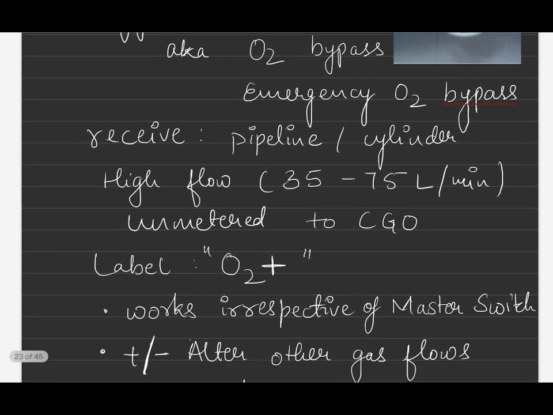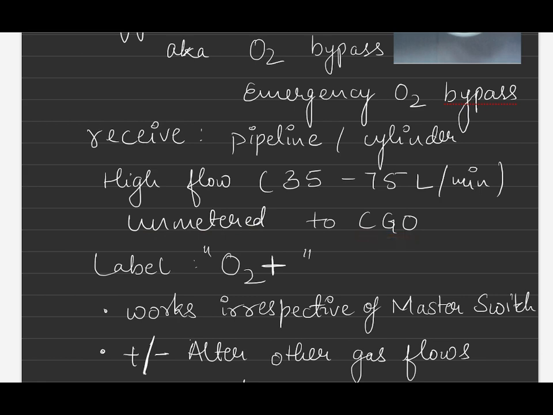Then it provides high flows. We have to remember that it provides flows of around 35 liters to 75 liters per minute, and the flow is unmetered. We cannot measure how much flow was generated while we used oxygen flush, and that unmetered flow is directly sent to the common gas outlet from where the patient can receive oxygen.